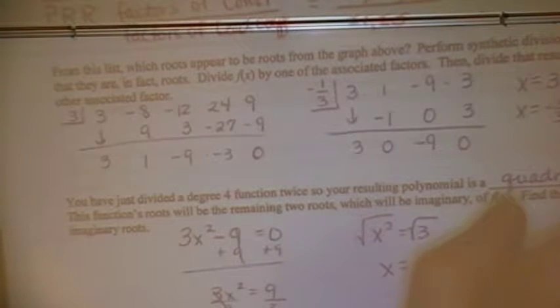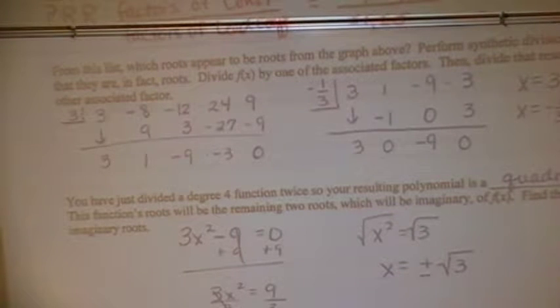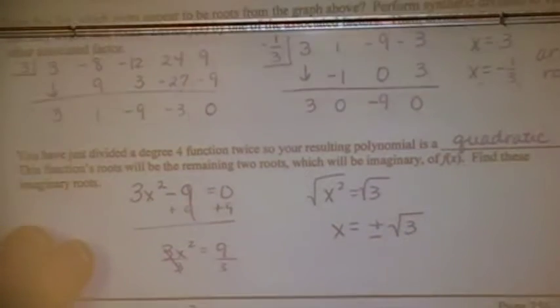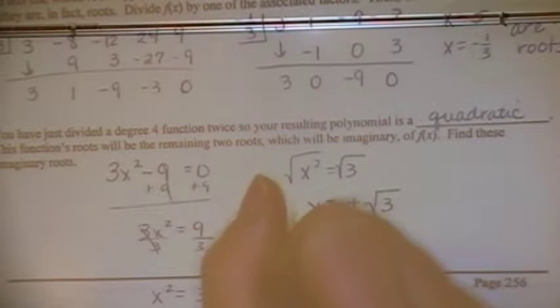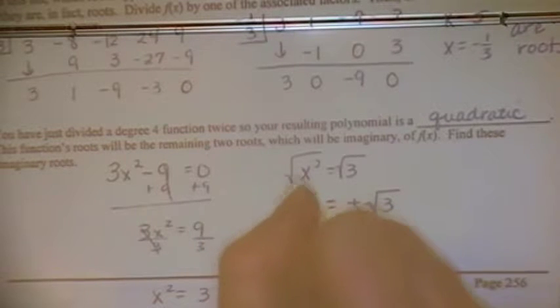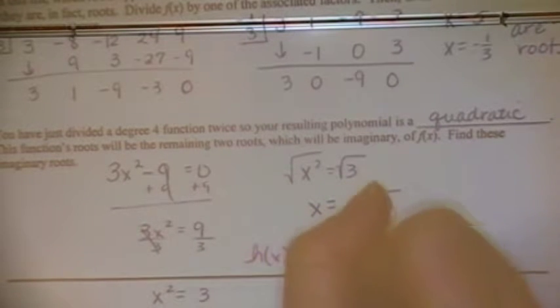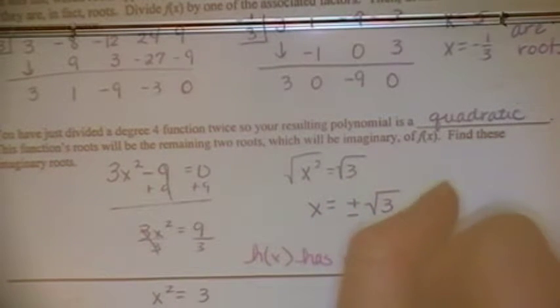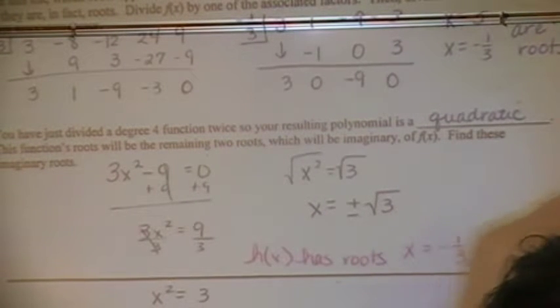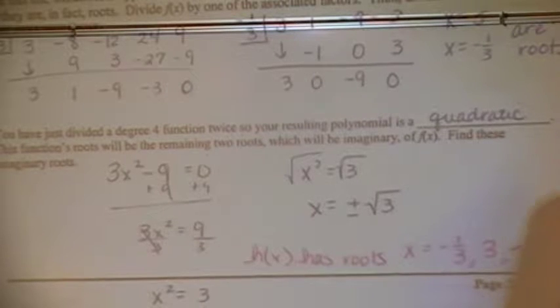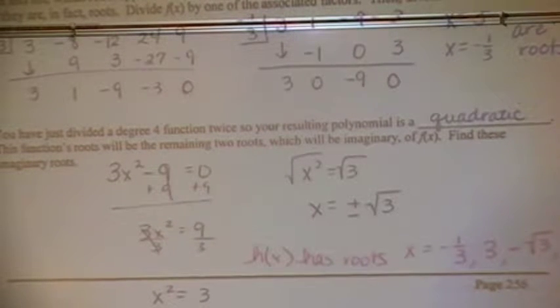So x equals both positive and negative square root 3, which is irrational. So altogether, my final roots of what was this, h of x, negative one-third, 3, negative square root 3, and positive square root 3.